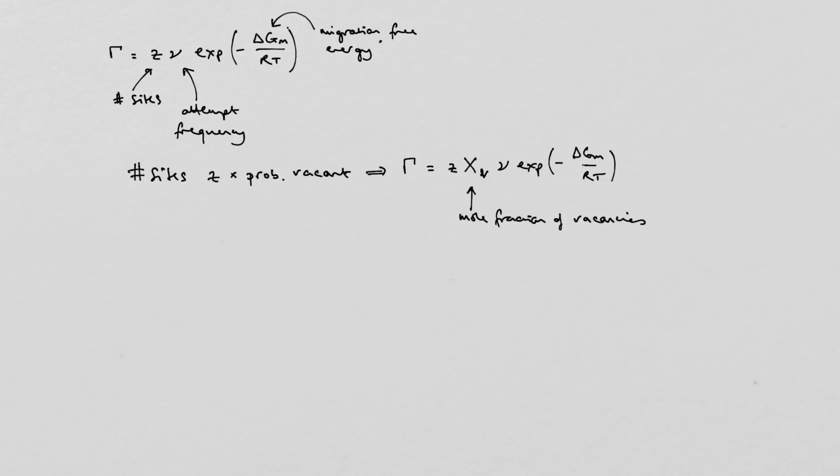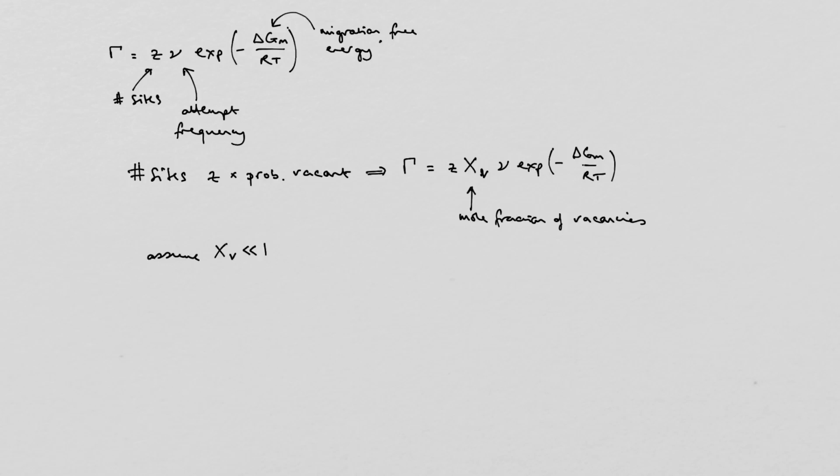But we're going to assume that the vacancy concentration is very much less than 1. If it isn't, then our material has probably fallen apart. Okay? That means I can ignore vacancy-vacancy interactions.